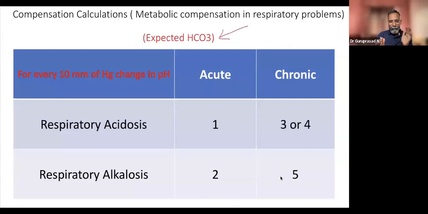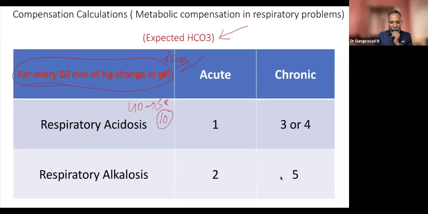So the chart is like this. For every 10 millimeter change in PCO2, if it is respiratory acidosis, what I mean to say is, if the PCO2 moves from 40 to 50, for example, there is a 10 millimeter change.